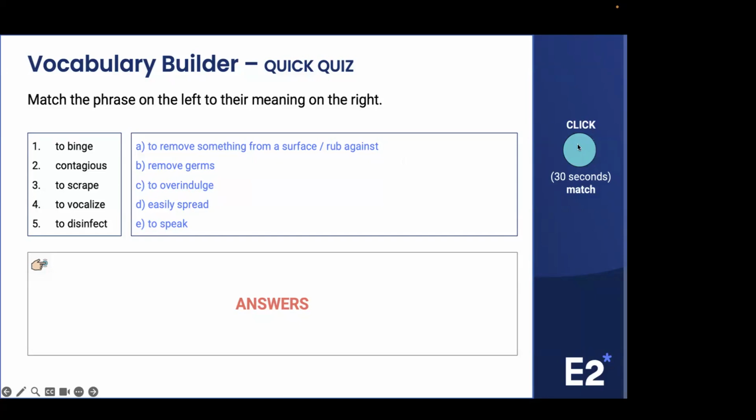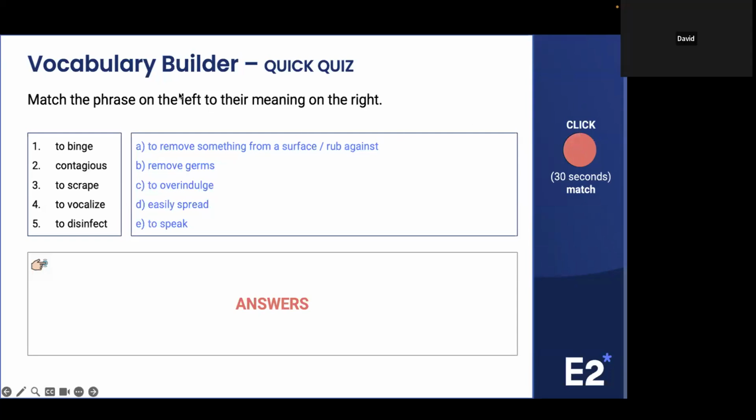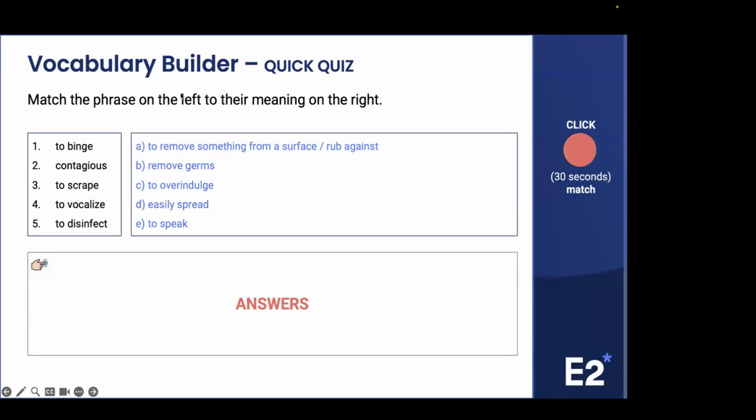Away we go. Okay, a bit more time. Yep, another 30 seconds.